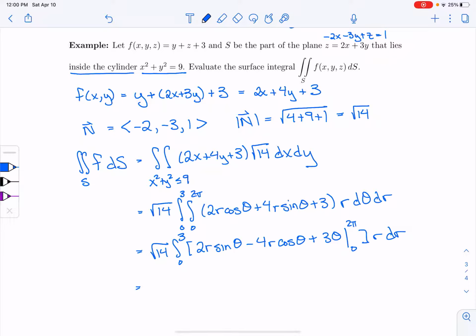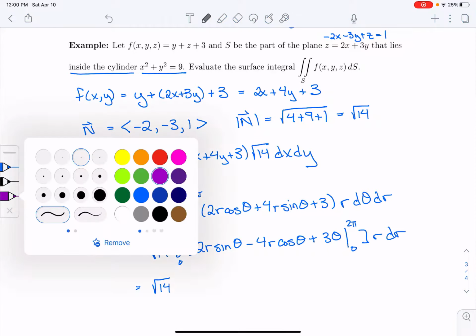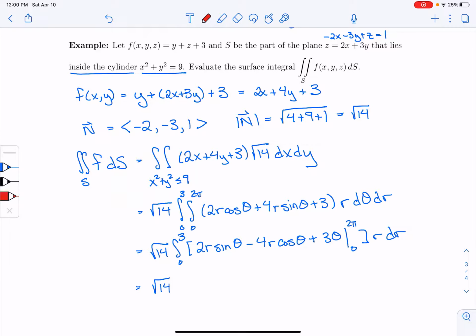Okay, so that's going to be the square root of 14. And then here, if you evaluate sine theta at 0 and 2 pi, you're going to get 0. So this just becomes 0. And if you evaluate cosine theta at 2 pi and then subtract evaluating cosine theta at 0, cosine of 2 pi and cosine of 0 are both 1.